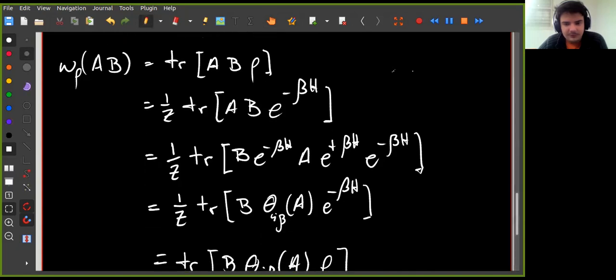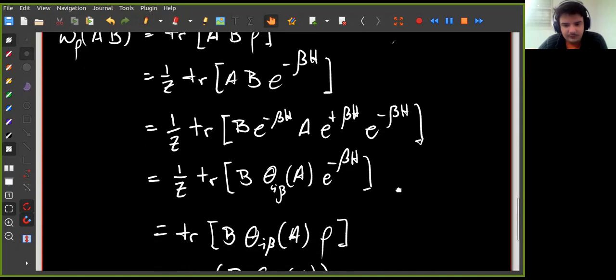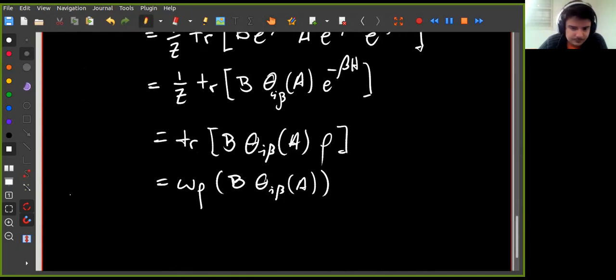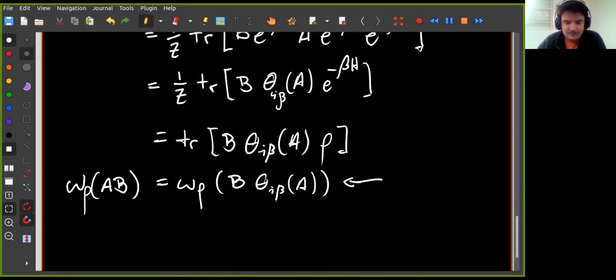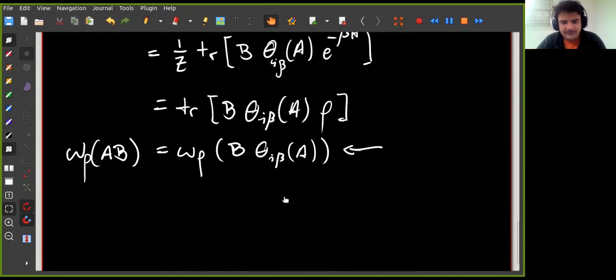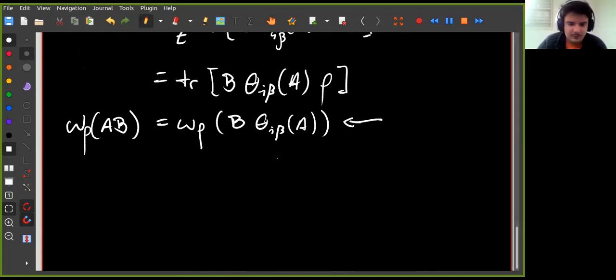So this calculation holds for density matrices, and we find that for a density matrix, the notion of a thermal state can be reduced to this idea. So when this happens, it's because we have a thermal state. Actually, when we have a thermal state, this happens. So we're going to define this as what is a thermal state.